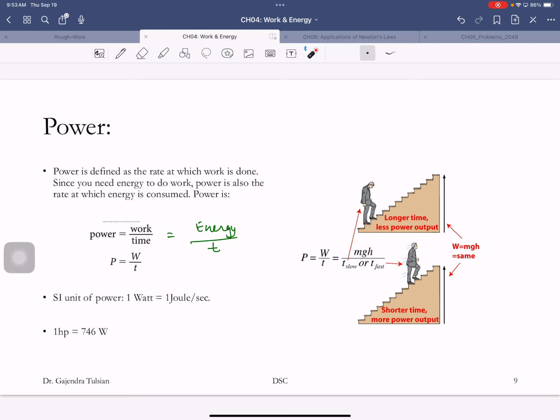Work and energy are measured in joules in SI units, and the SI unit for time is second, so joule over second is called a watt in honor of Mr. Watt. That's the unit of power.